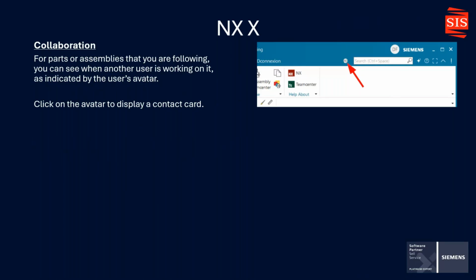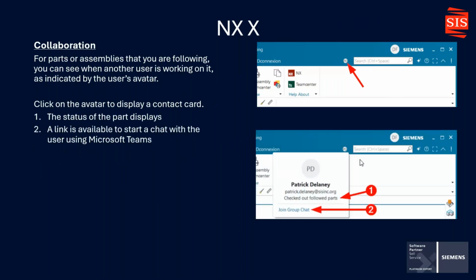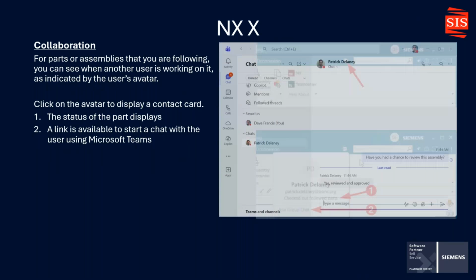This displays a little balloon, and if you click on that, you're going to get a contact card for that person. So I can see here that my colleague Patrick also has this assembly file checked out, and I can also see a little link here where I can initiate a group chat with him.